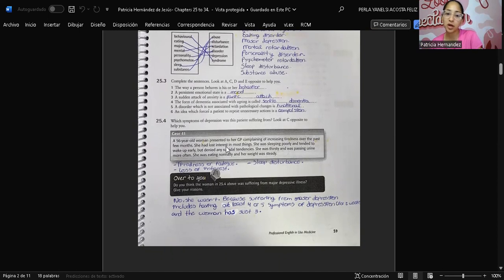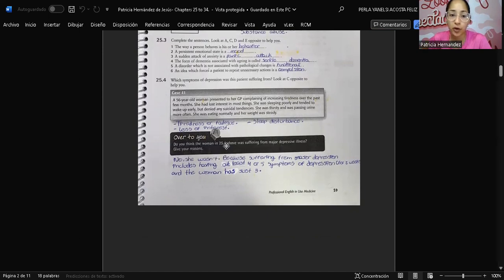Which symptoms of depression was this patient suffering from? Look at C opposite to help you. Okay, case 1. A 56-year-old woman presented to her GP complaining of increasing tiredness over the past few months. She had lost interest in most things.